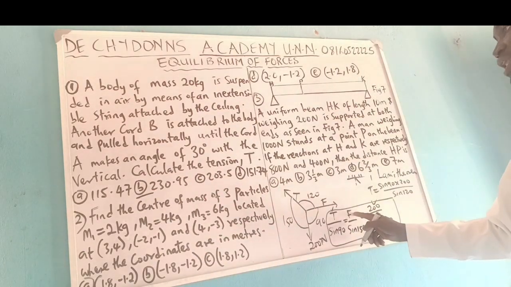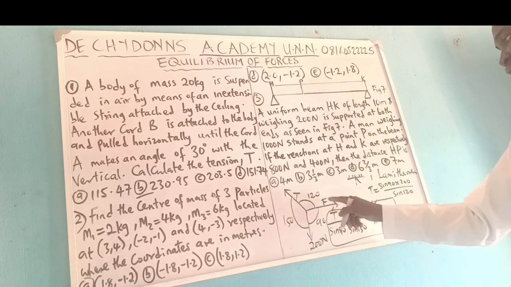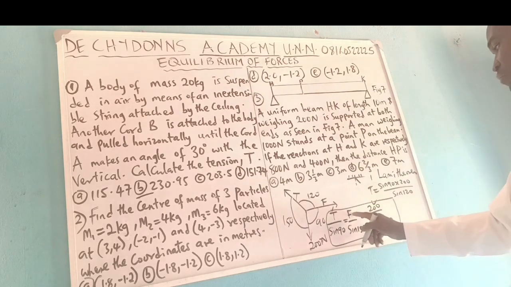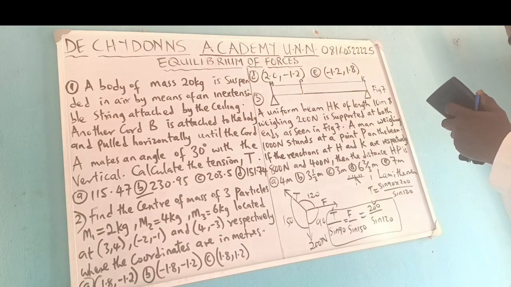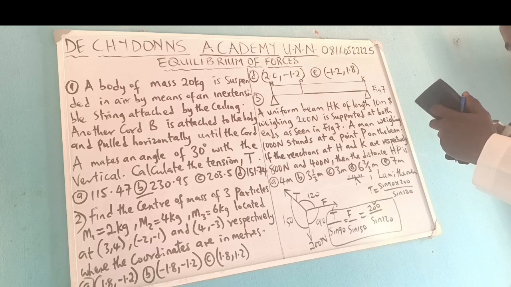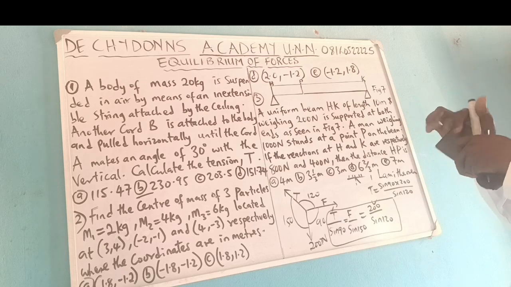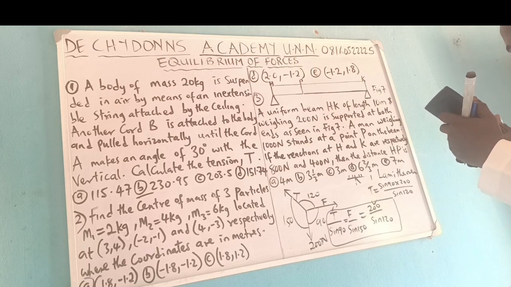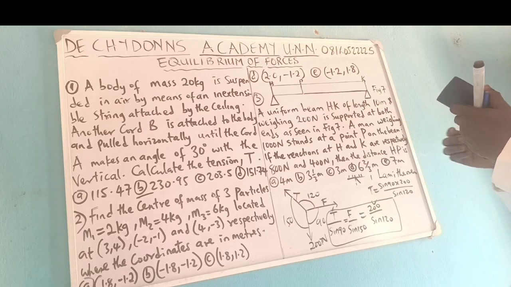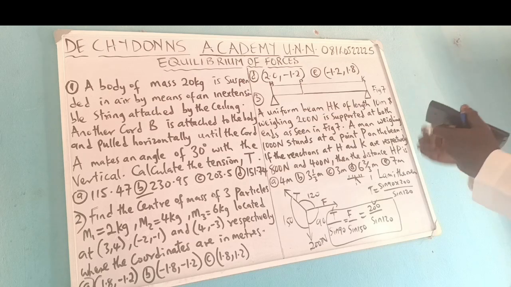If you want to get the force F, you say F will be equal to sine 150 times 200 all over sine 120. Sine 150 times 200 divided by sine 120 gives 115.47.